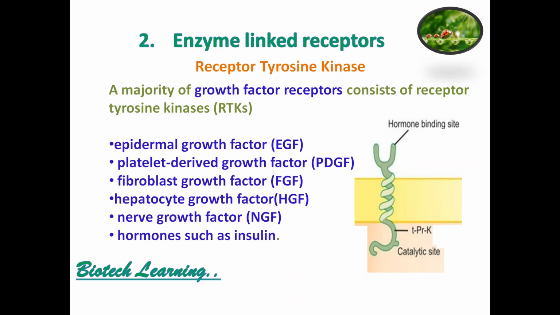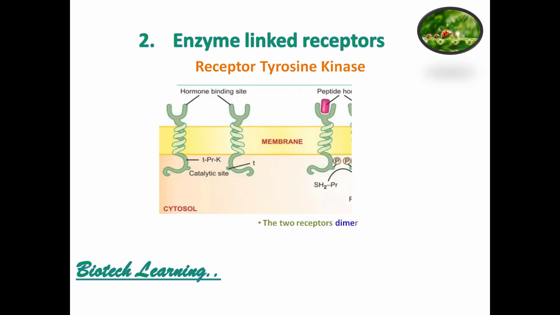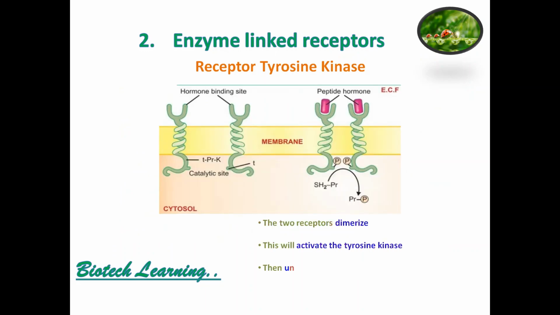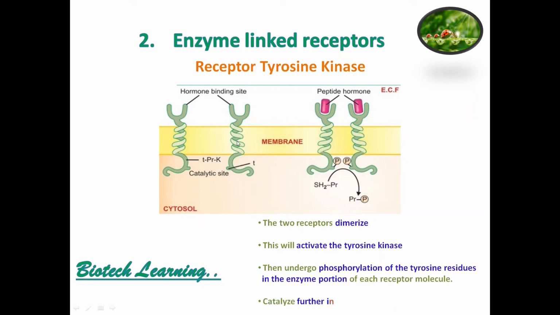So let's see, how does this happen? Here you can see two receptor tyrosine kinases, and when the peptide hormone binds here, the first step is that the receptors come closer and they dimerize. Now we have talked a lot about this enzyme phosphorylating a target protein.